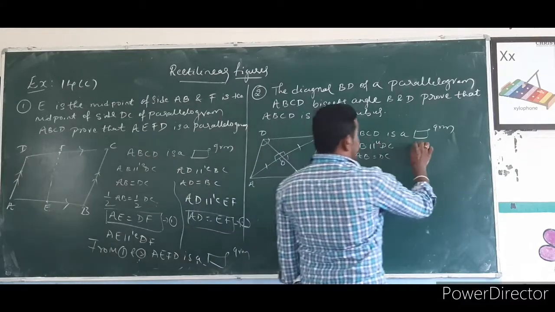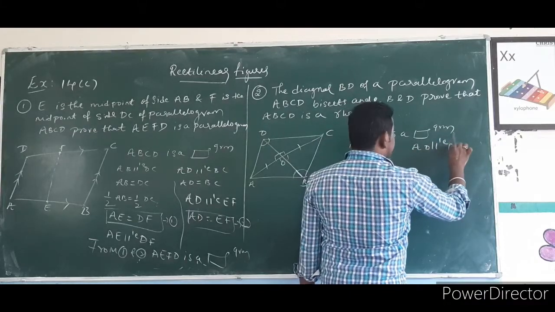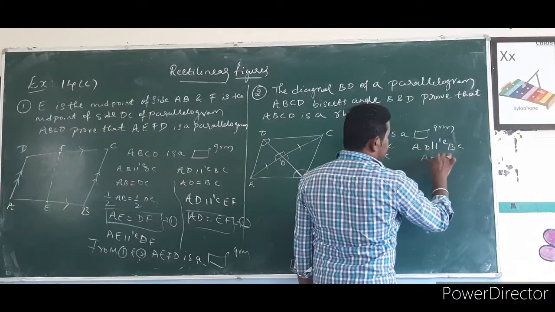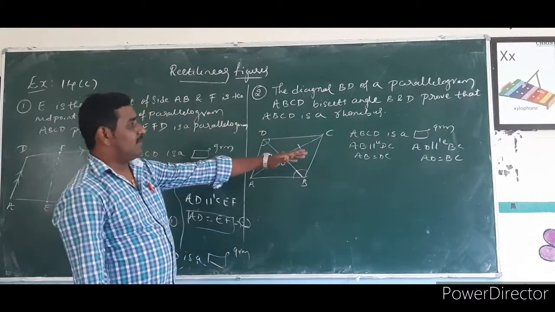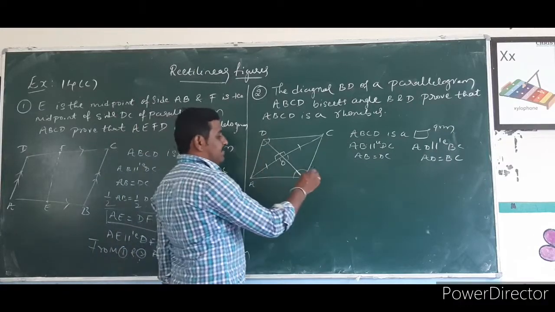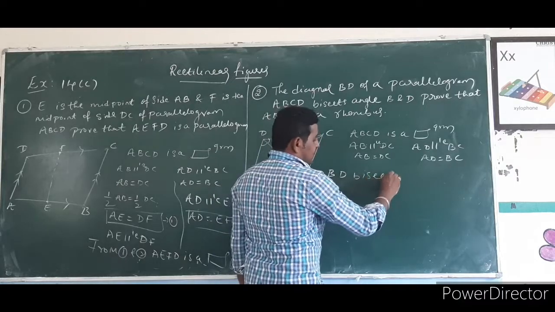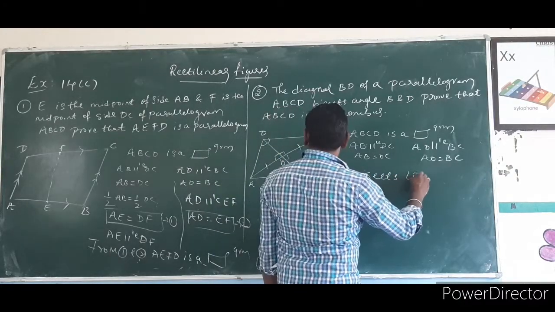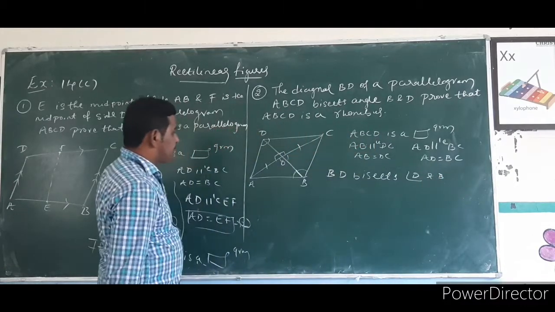Then AD parallel to BC, AD equal to BC. So whatever data they have given, I am writing here. If you consider BD, it bisects angle D and B.